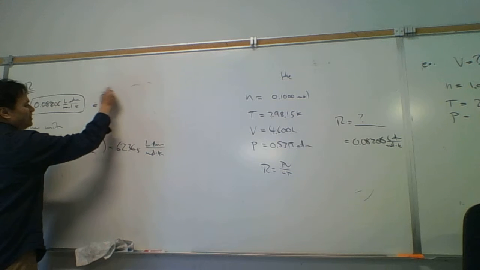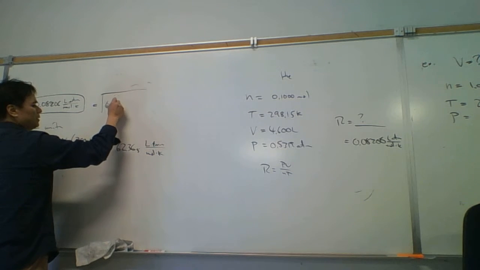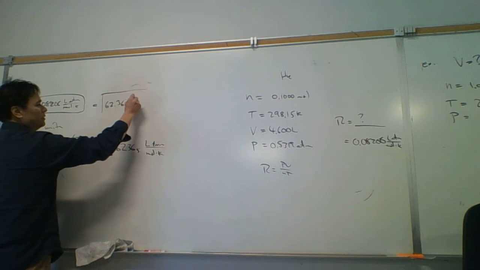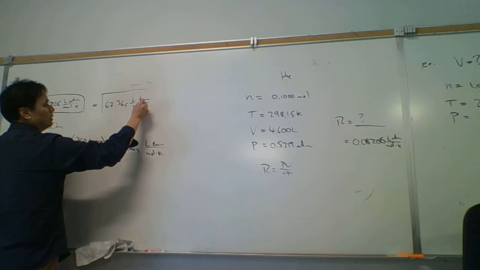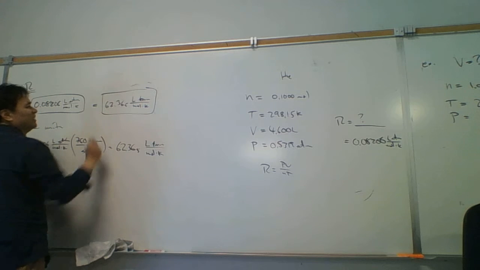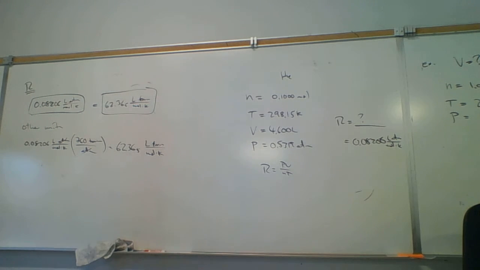So this equals 62.365 liters torr per mole Kelvin. Torr is a common unit, and millimeters of mercury is the same as torr, so it would be the same.